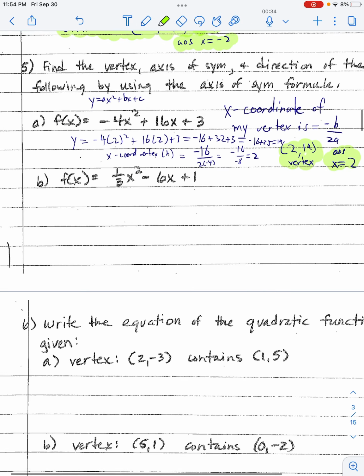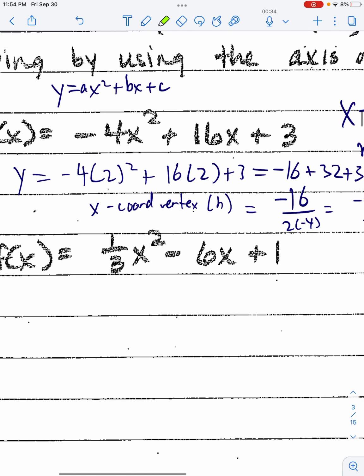And then how do I know whether it opens up or opens down when it's in standard form? To determine that, you look at the coefficient of my x squared term. If it's negative, like it is here, my parabola is going to open down. And if it's positive, my parabola is going to open up.